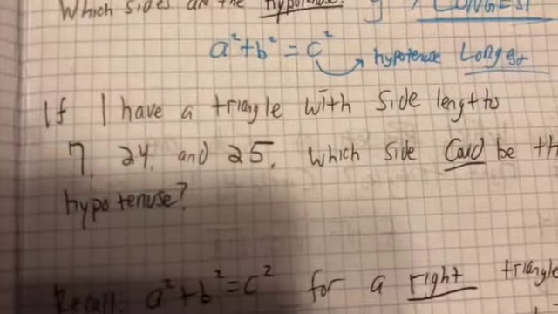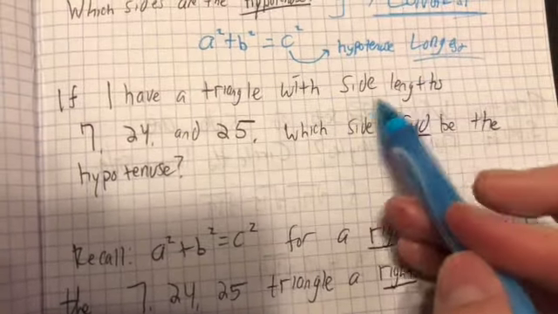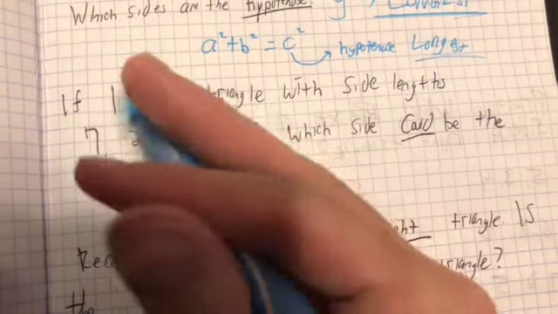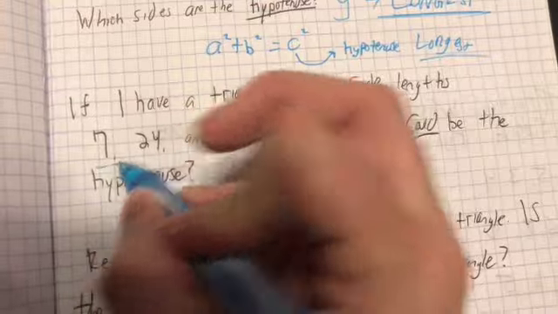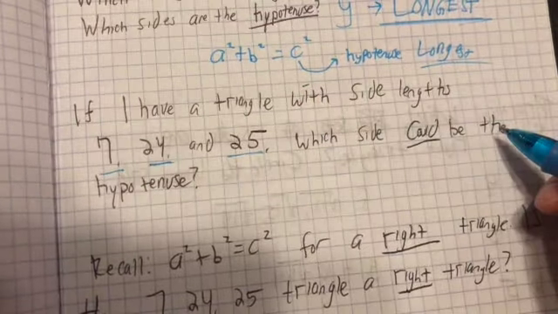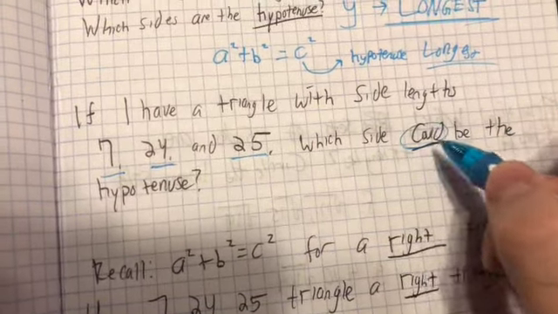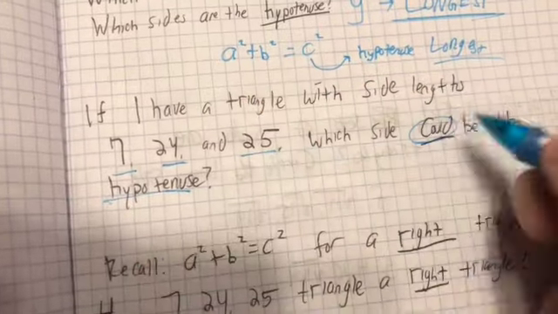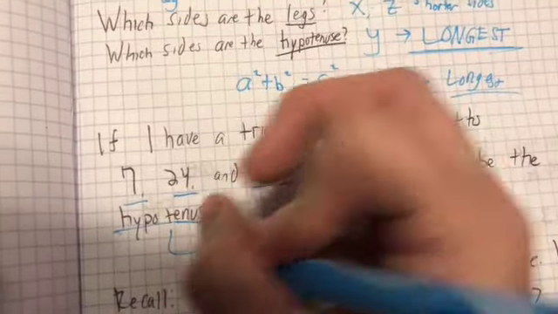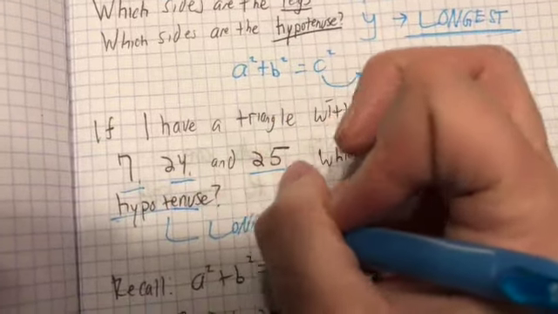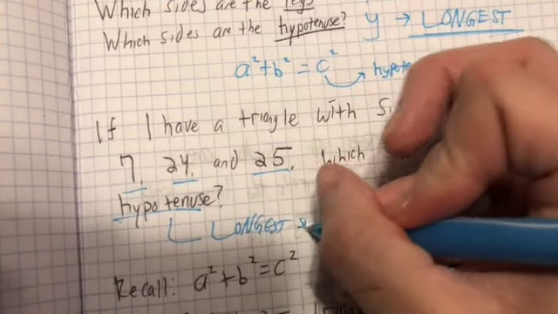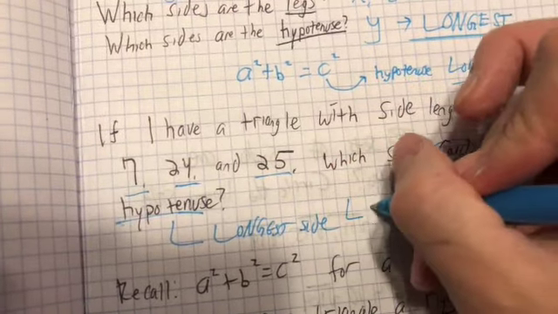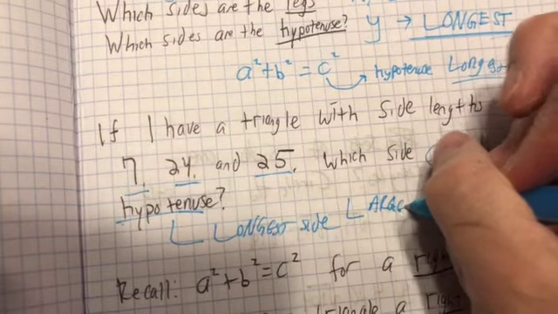So if I have a triangle with side lengths 7, 24, and 25, if this is a right triangle, which side could be our hypotenuse? So remember, the hypotenuse is the longest side. So that means it has to be the largest number.